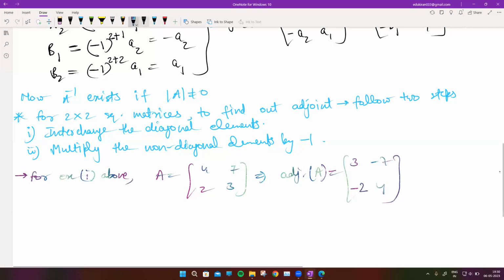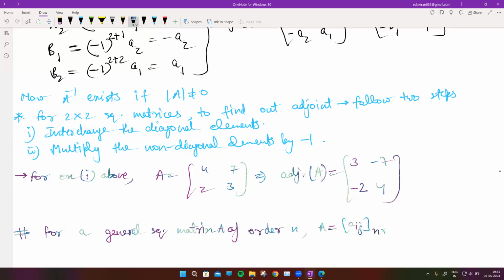But now let's find the adjoint for a 3 cross 3 matrix. But before that, for a general square matrix of order n, so we are basically saying that A is a square matrix whose element is Aij and the order is n cross n.